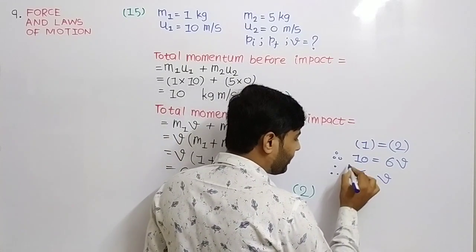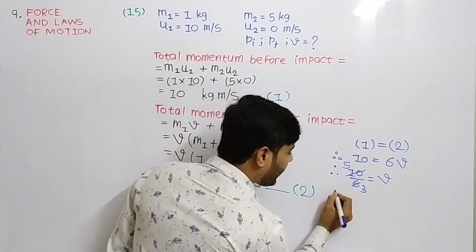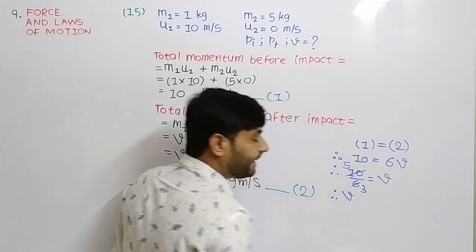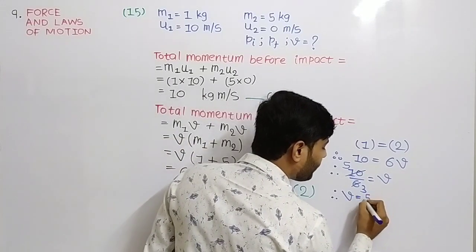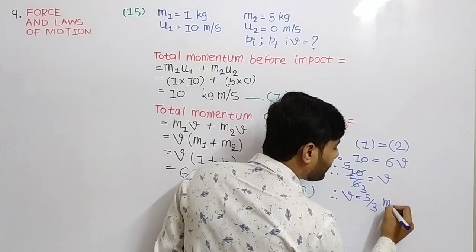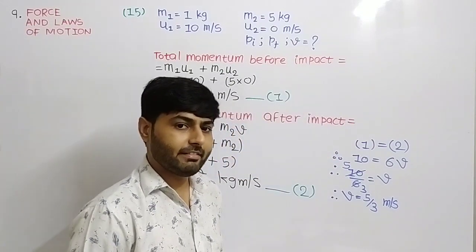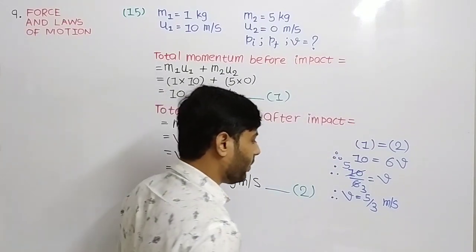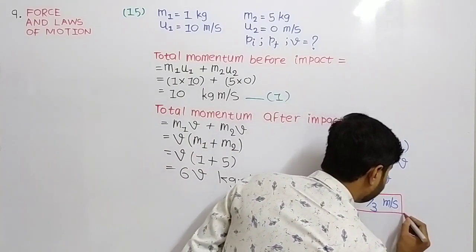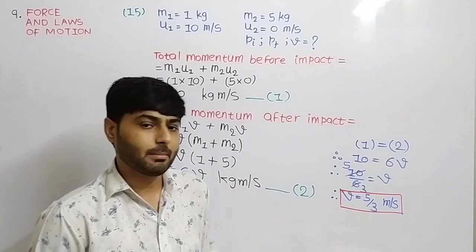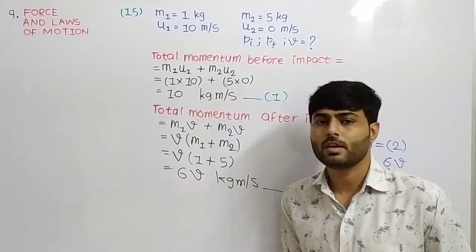It will be cut like 5 twos and 3 twos. So velocity after impact is 5 by 3 meter per second, and this velocity will remain the same for both objects. So the answer: velocity after impact will be 5 by 3 meter per second.